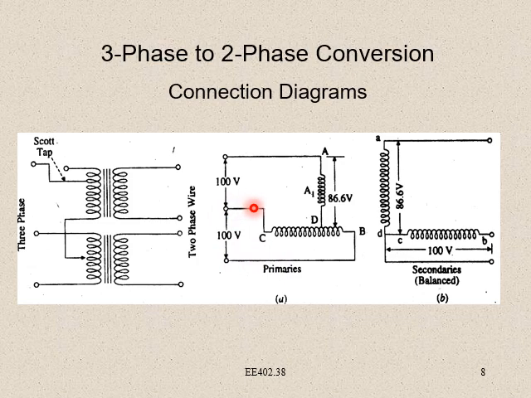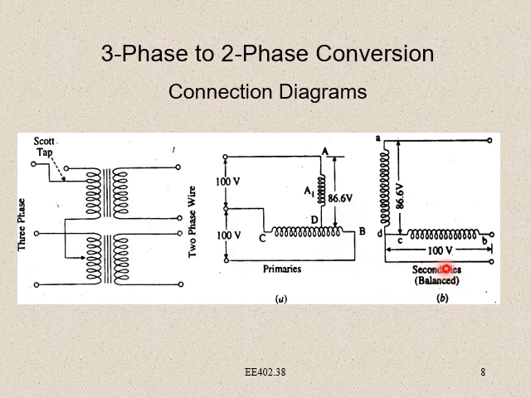This is actually the primary winding of about 100 volts. There is one more connection with tapping of the AD coil. This is the CB coil, with the tapping. It can be changed, and this is of about 86.6 volts.